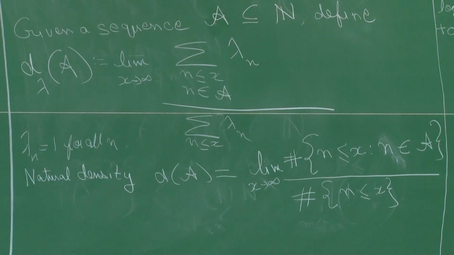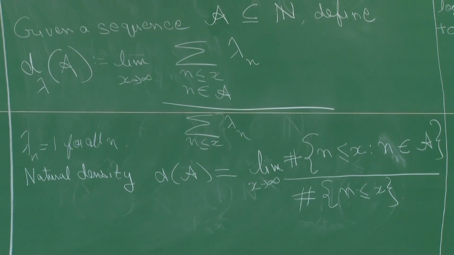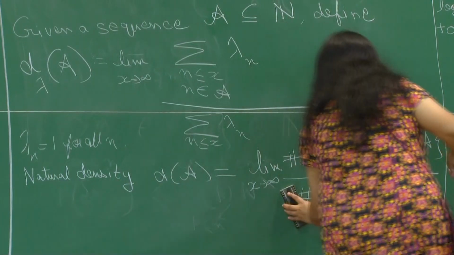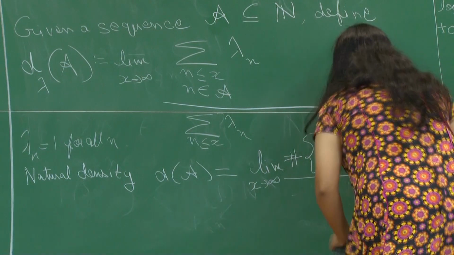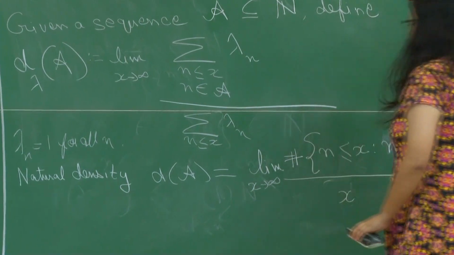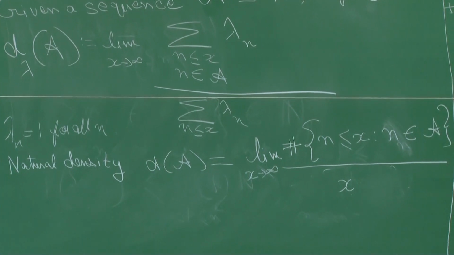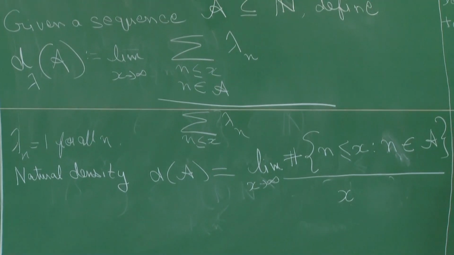So, in the denominator we can replace this by x. So, this is your natural density.